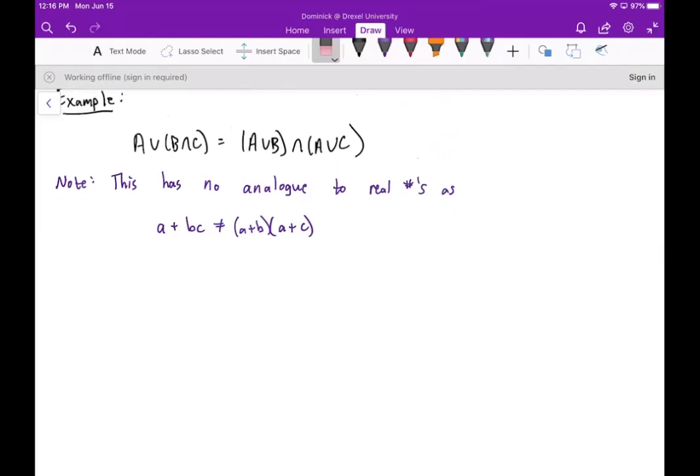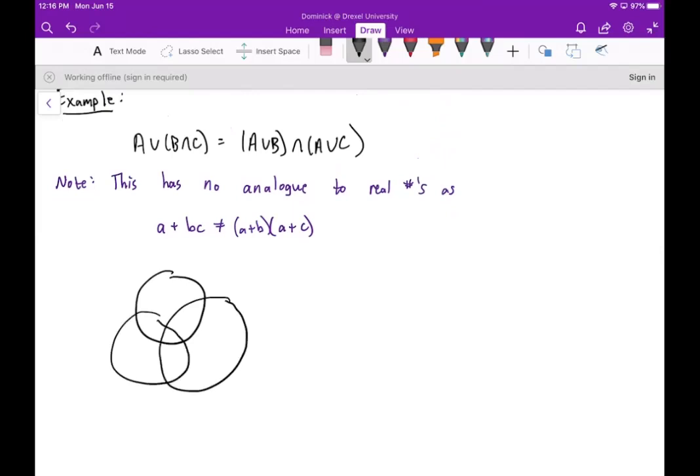Now, let's look at this in a Venn diagram first, since we just spent some time talking about that. Let's show both the left and the right-hand side on this.